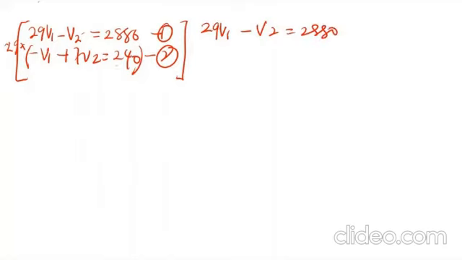For the new equation, you will have negative 29 V1. Okay, 29 times 7, how much? Plus, 29 times 7 is how much? 203. It's 203, okay.